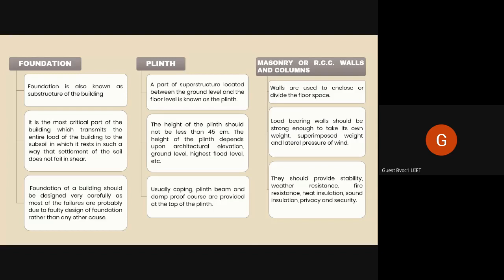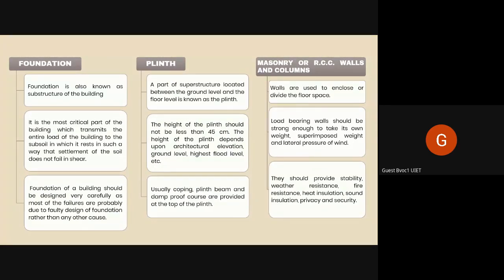Then the plinth. Plinth is a part of the superstructure located between the ground level and the floor level. So the ground or the earth, and the ground floor of the building.